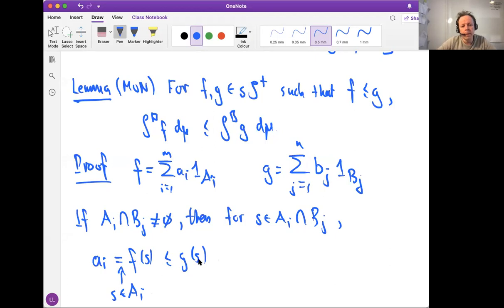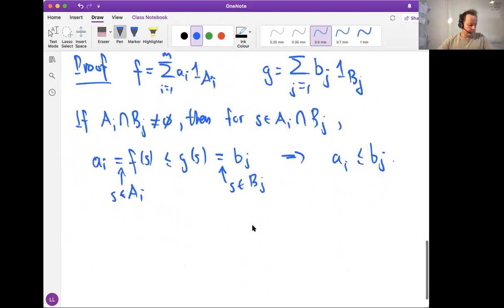The value of g(s) is equal to Bj because S also belongs to Bj. Yeah, it's in the intersection. And then that means that in this case, we have the ordering that AI is less than Bj.